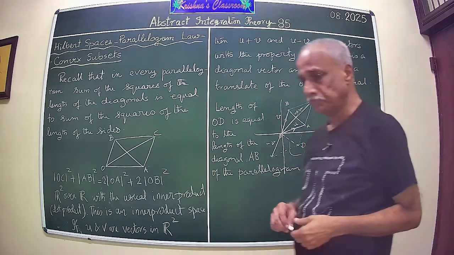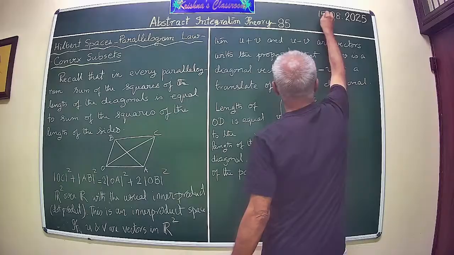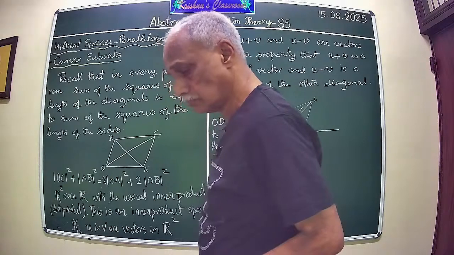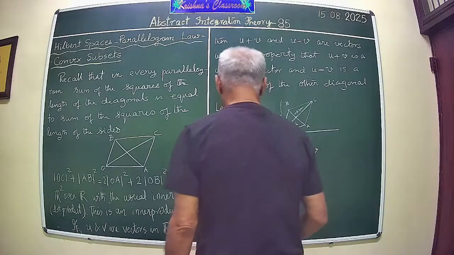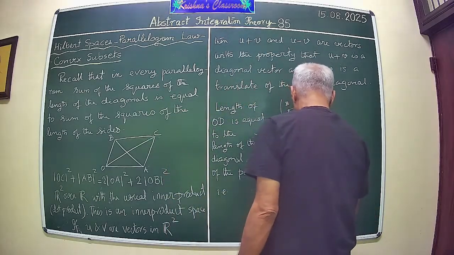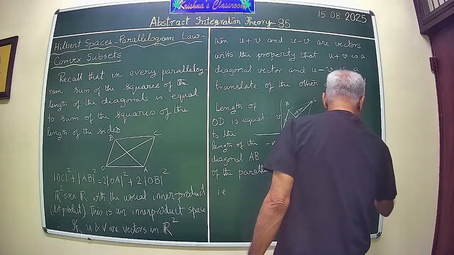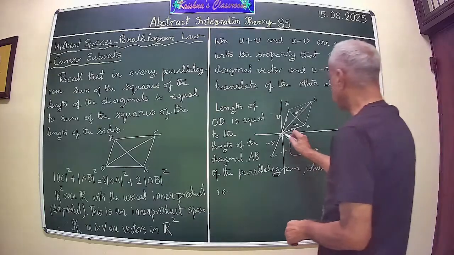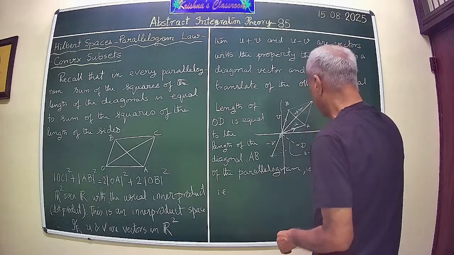See, the length OD is equal to the length of AB.